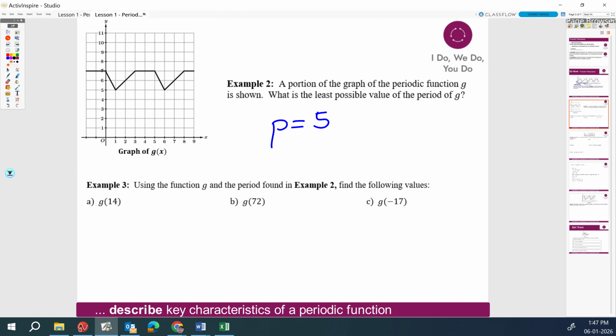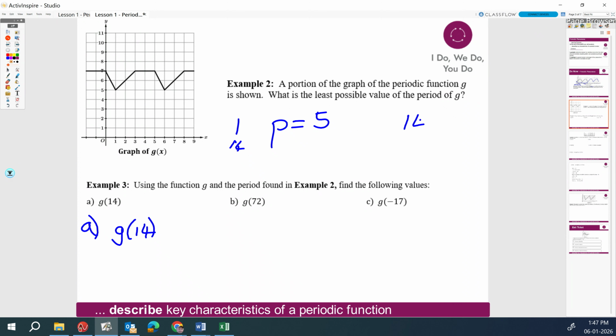So we're going to use this now in order to evaluate the function. I'm going to do the first one for you. We need to figure out what g of 14 is. Now, unfortunately, 14 is about here on the graph, and we can't see what it is. But what you can do is you can remove periods, because it will repeat itself every 5. So the way we can do this is if we consider integer division.